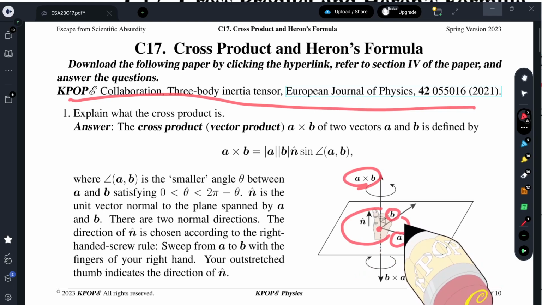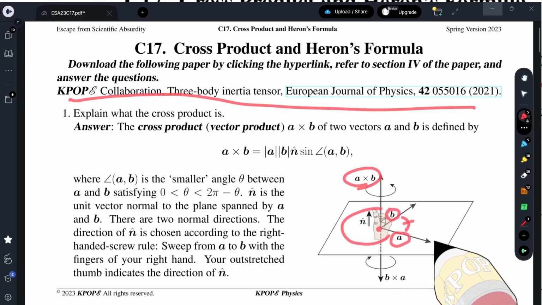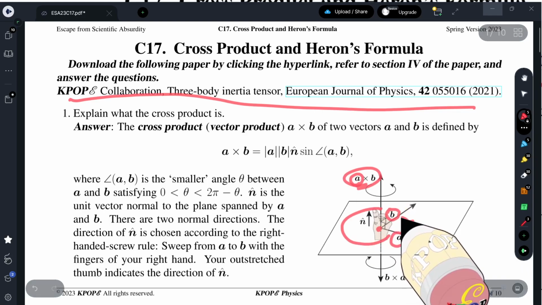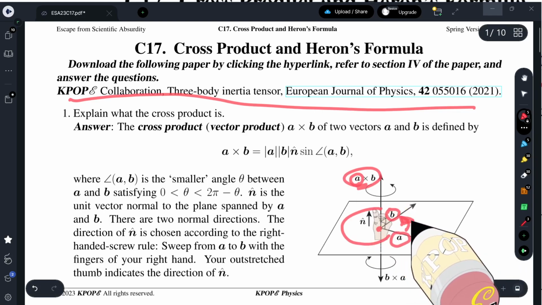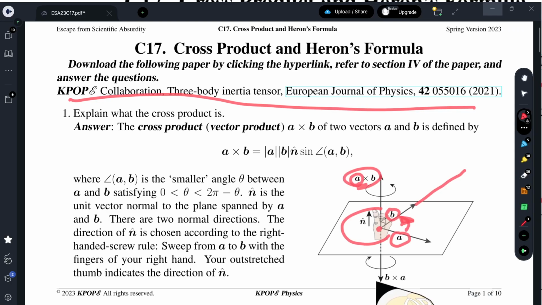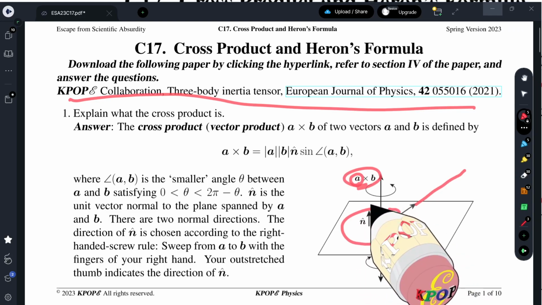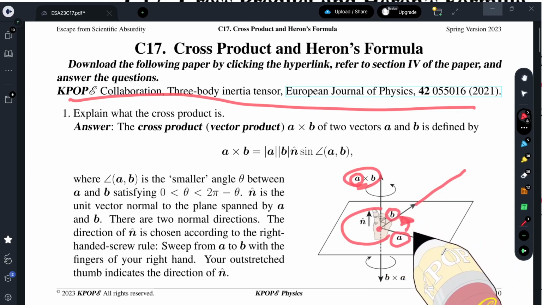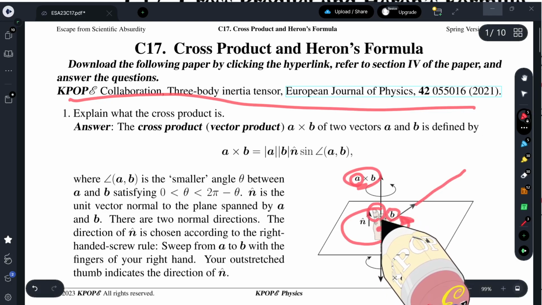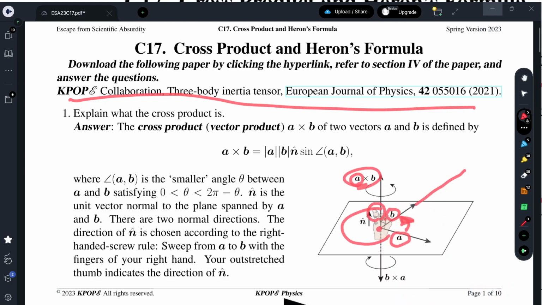We choose the smaller angle between the two vectors, and we rotate the vector that is in front counterclockwise to let them overlap along a straight line. Put your right hand, swipe your fingers from A to B. Then the direction of the thumb of your right hand is the direction of A cross B.